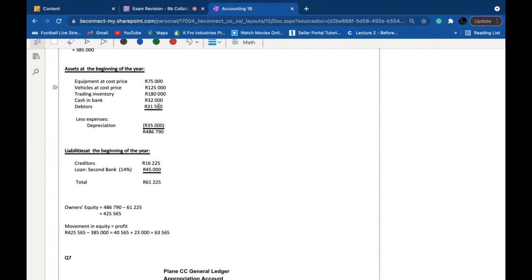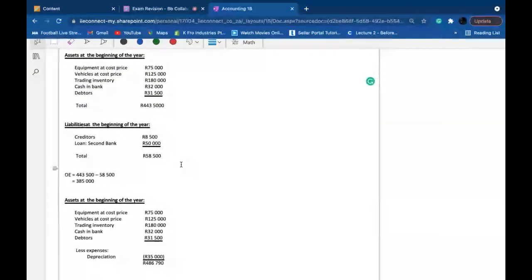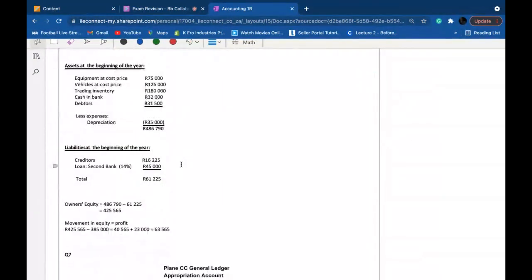So we have our assets again, get our total there. Some of these things have changed. Sorry, I think what I did is I just copied and pasted. I hadn't actually amended the amounts, but I know this amount to be correct.